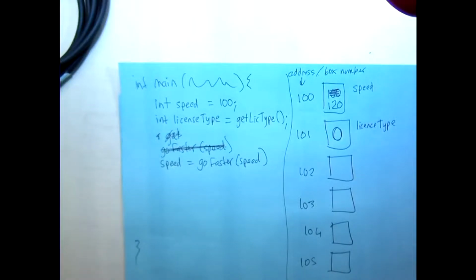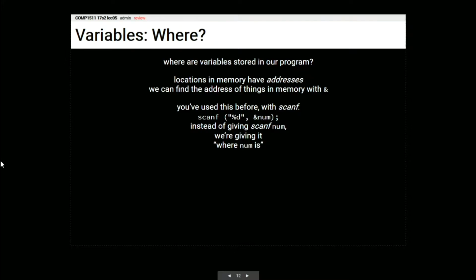Okay, and now you can see the slide, and you can see that I wasn't lying to you. It did actually say that. So the variables in memory have what we call an address. And conveniently in C, we can see what address something is at. In C, we can see addresses. Ha ha, no pun intended. So we can actually find the address of where something is.